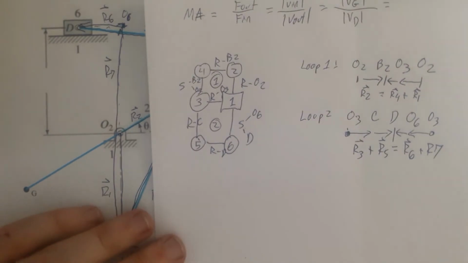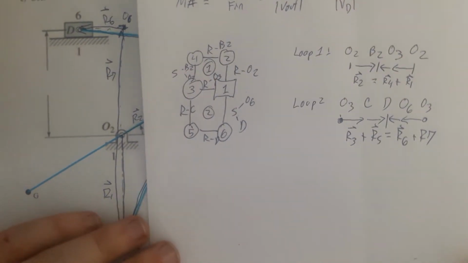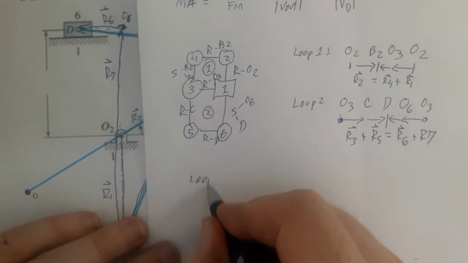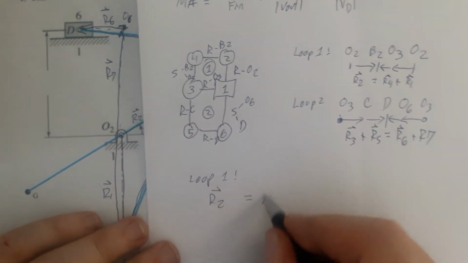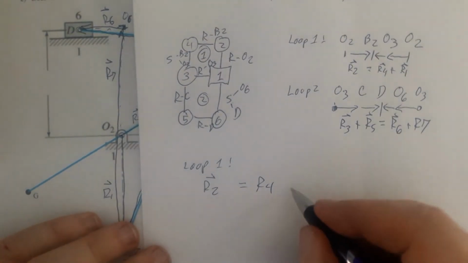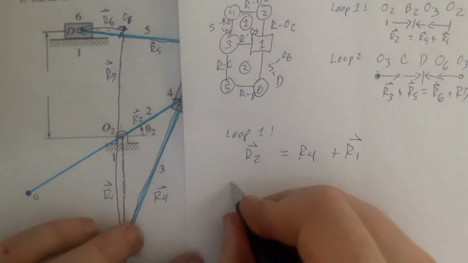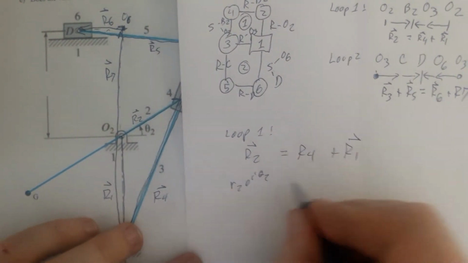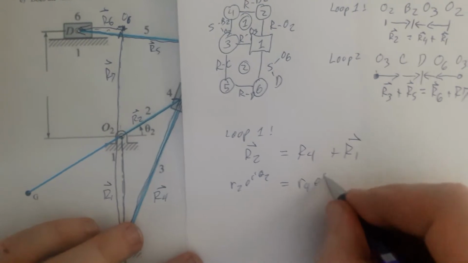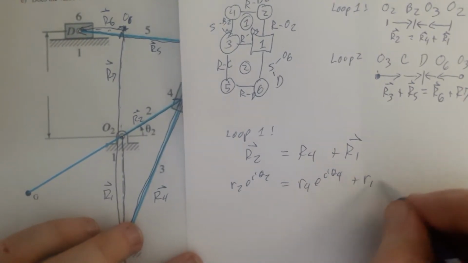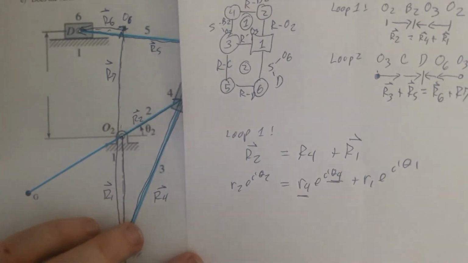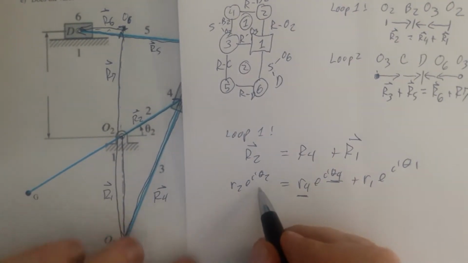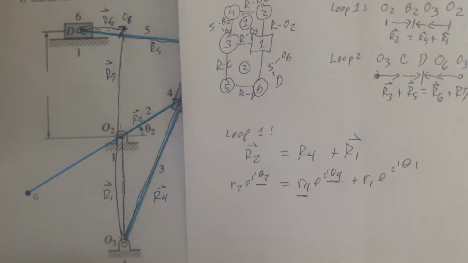And so that'll give me, for loop 1, I'll have R2 equals R4 plus R1, and that'll be R2 e to the i theta 2 equals R4 e to the i theta 4 plus R1 e to the i theta 1, and both the length and angle change for R4, only angle changes for length 2.